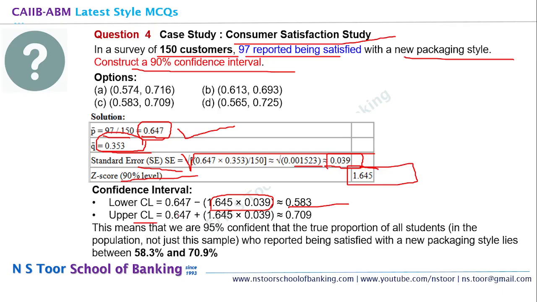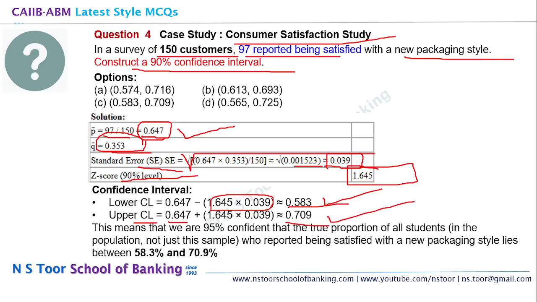So if you deduct 0.064 from 0.647, it comes to 0.583, and if you add 0.647 plus 1.645 into 0.039, which is 0.064, the answer will be 0.711.